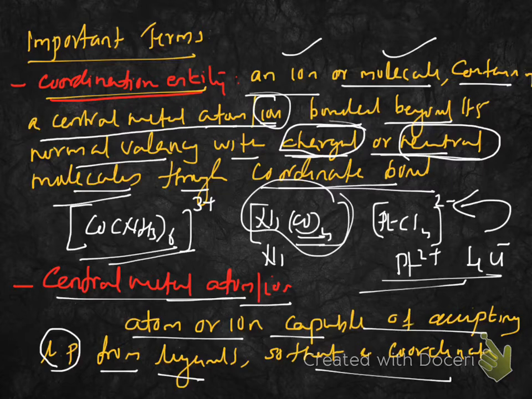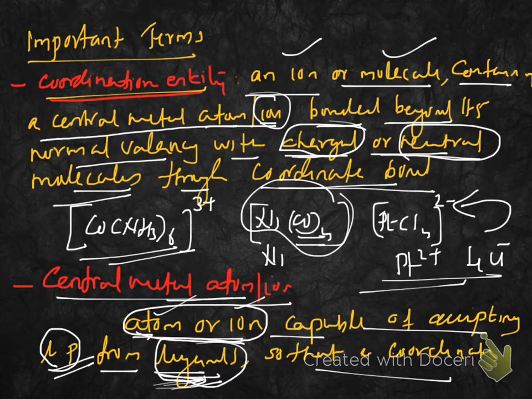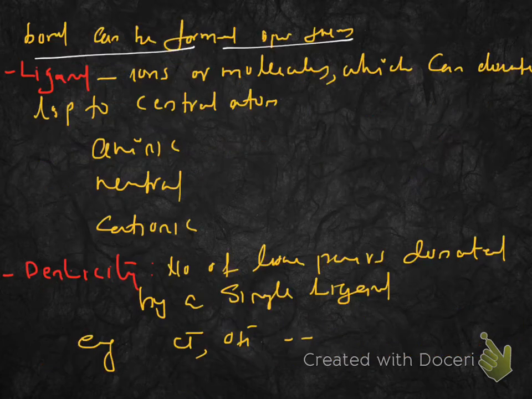So we have two options, either it may be atom or ion. Whatever it may be, they have the capacity to form coordinate bond with ligands. The peculiarity of ligand is that they are capable of donating lone pairs, or simply we can say that ligands are Lewis bases and central metal atom or ion is Lewis acid. Lewis base always donates lone pair to Lewis acids and a coordinate bond is established between the ligand and metal ion.